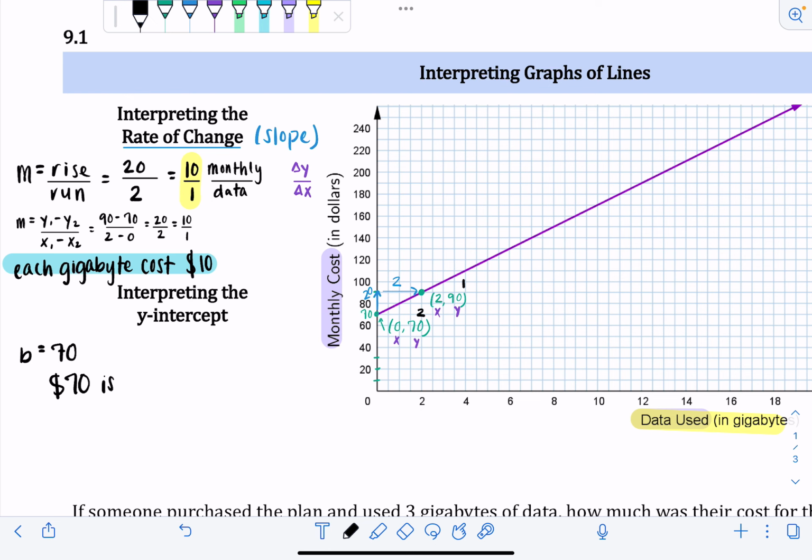We just need to know that that's the minimum value of our bill, and then it'll go up from there based on how much data we use. So $70 is the minimum charge on our bill.